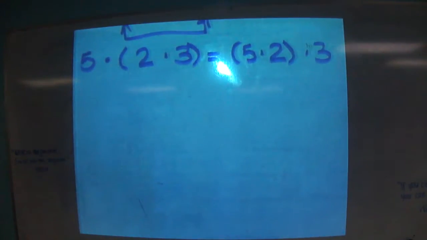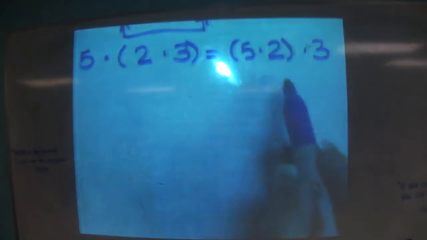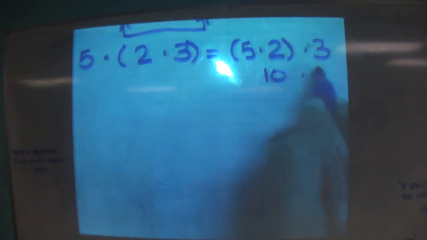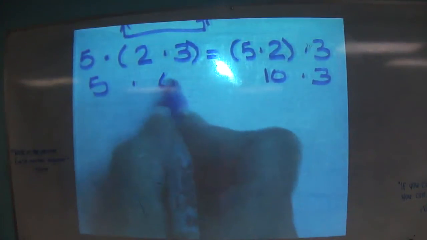Which one's easier to do, the one on the left or the one on the right? The one on the right. Which one could you do faster? Right, because why? Because this is 10 times 3, and this is 5 times 6.